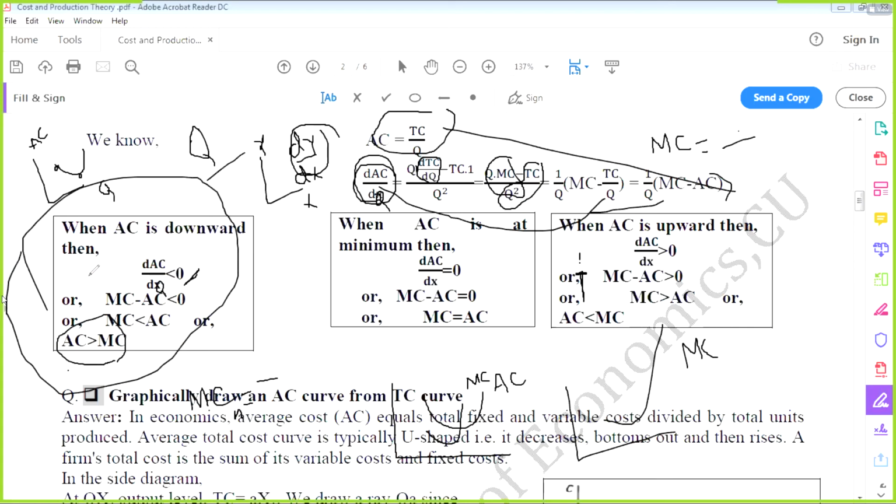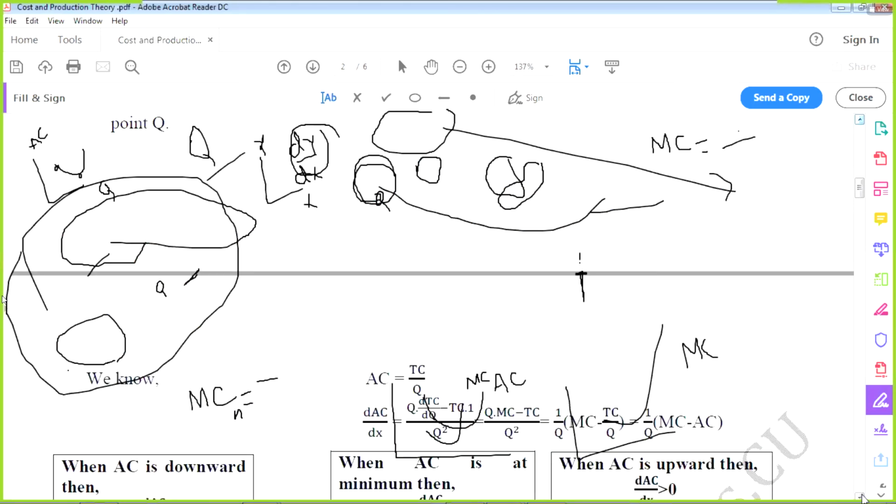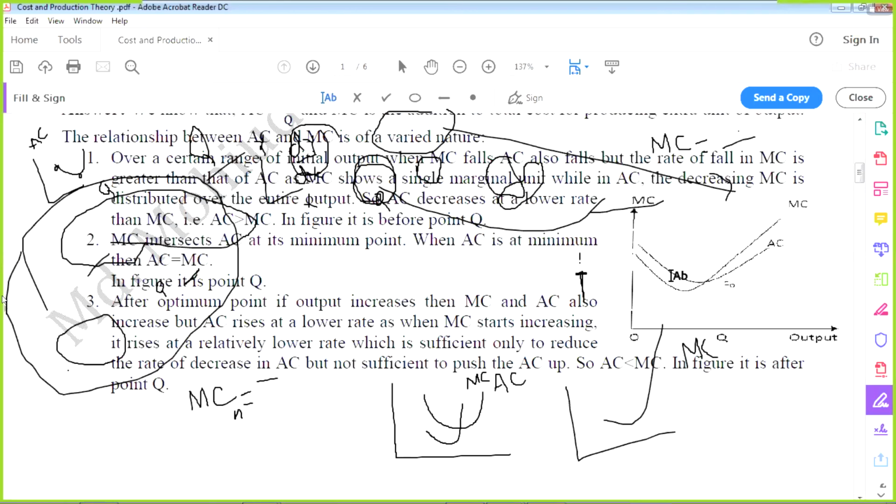Now look, we have taken the condition that the slope of AC is decreasing. When the slope of AC is decreasing, AC is greater than MC. Look, I am going to the diagram. At this level of output, when average cost is decreasing, we have found that average cost is greater than marginal cost.